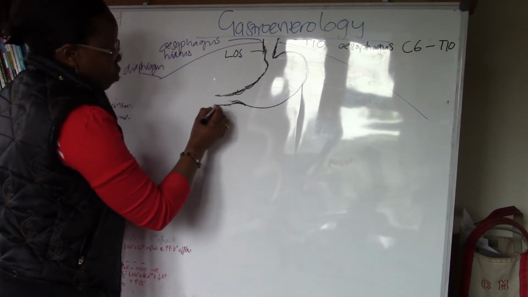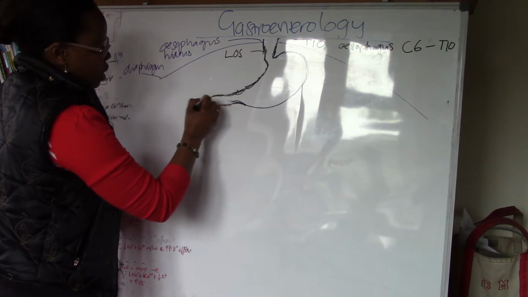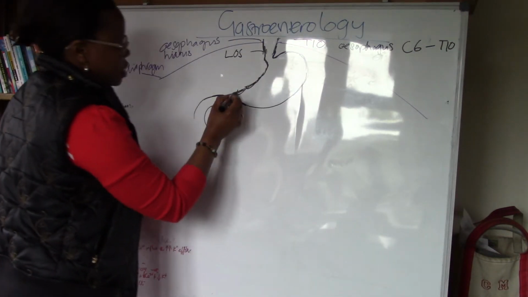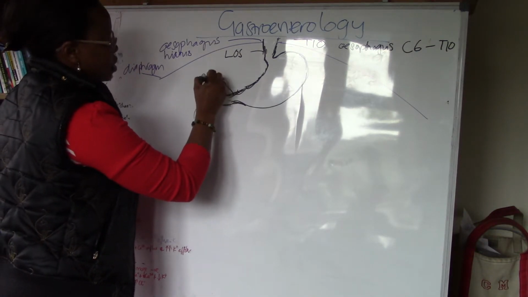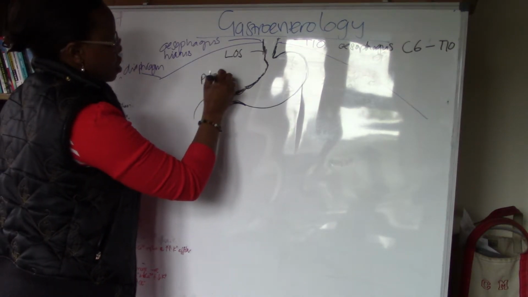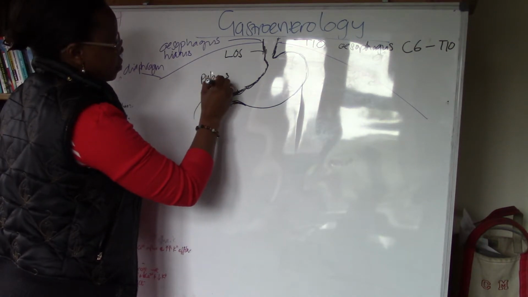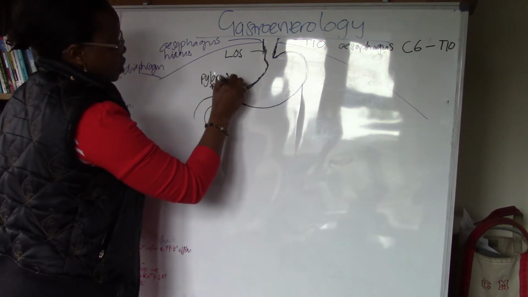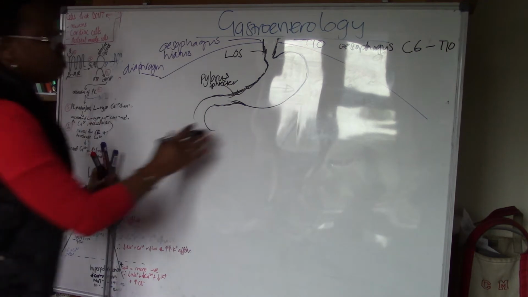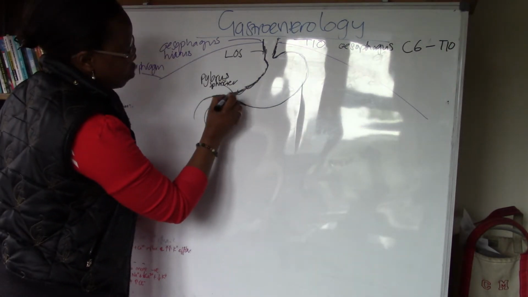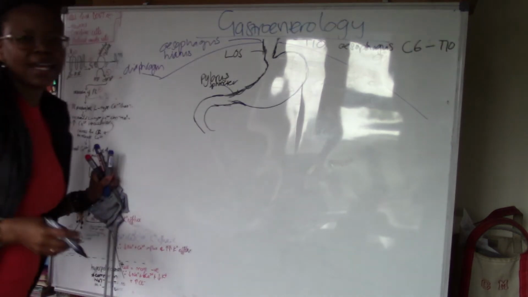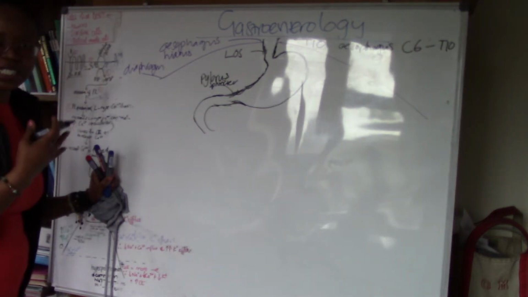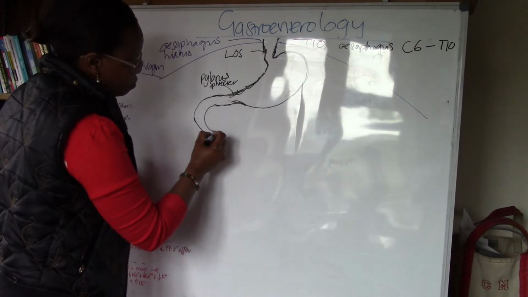And then from the stomach, we'll have the duodenum. However, there is a sphincter there, which is called the pylorus sphincter, which is where the stomach ends and the duodenum begins. The duodenum is part of the small intestine, and it's the shortest part of the small intestine.